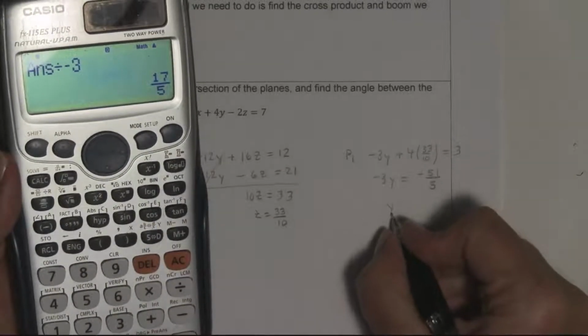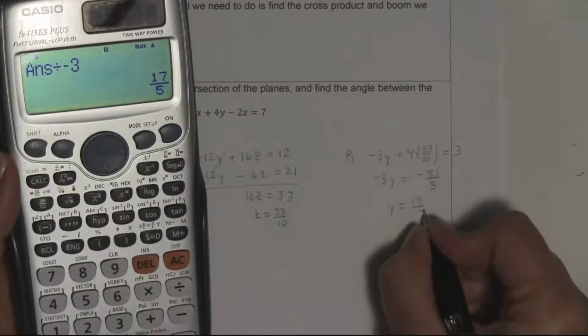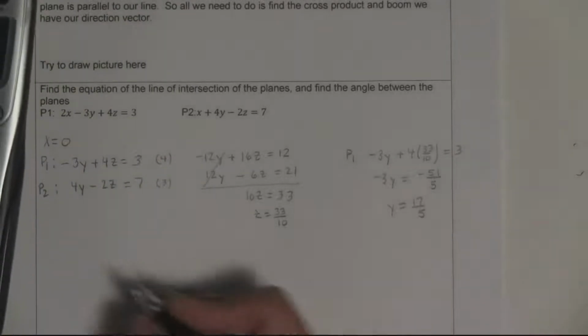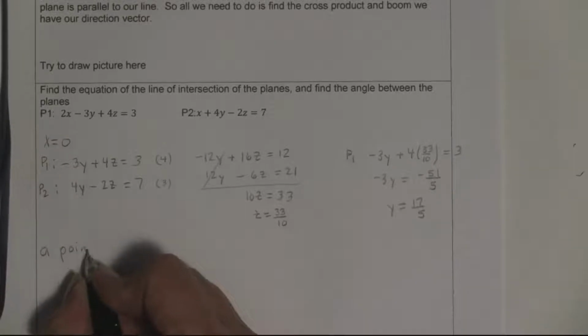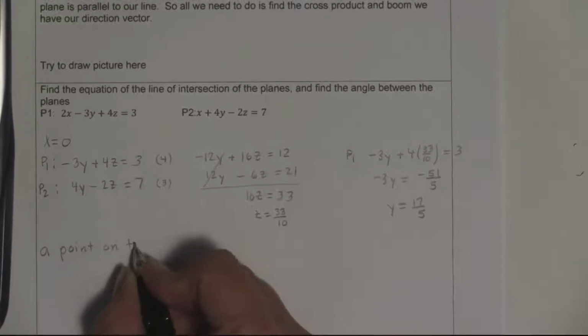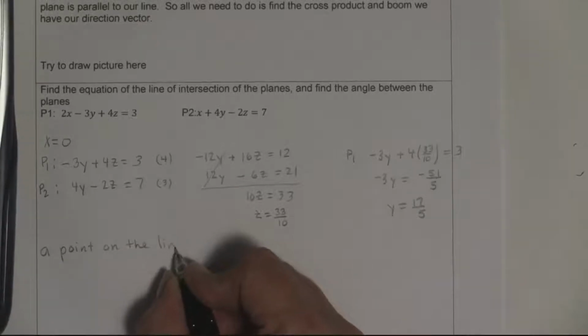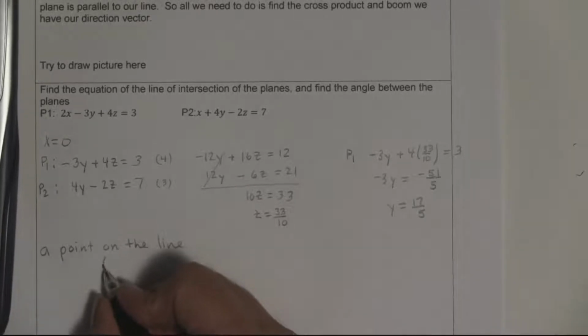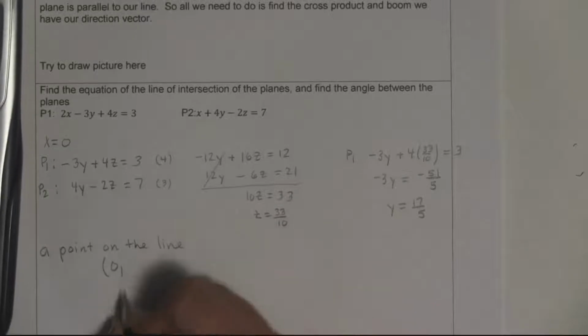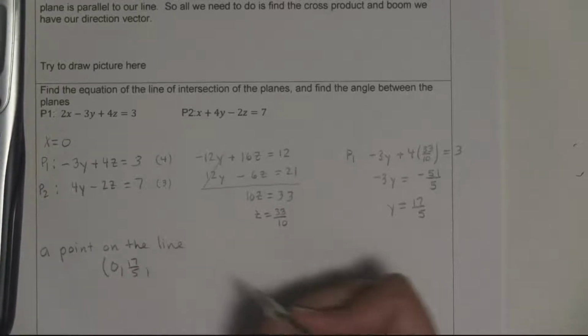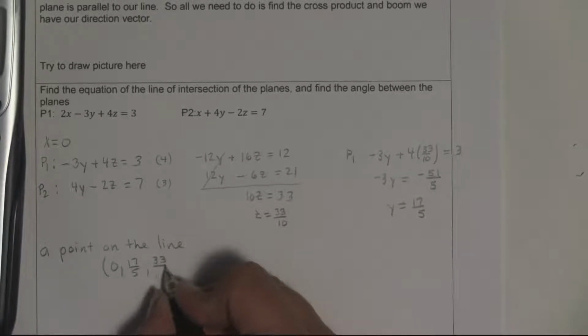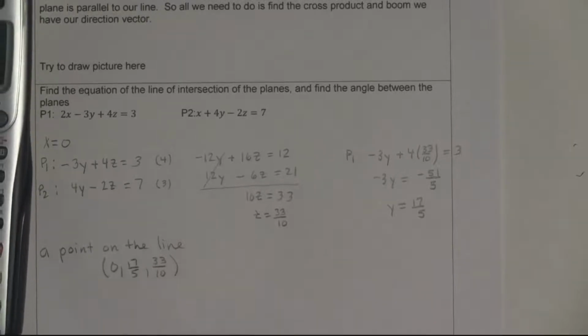So this tells me that y equals 17 over 5. So now I have a point on the line. And that point is 0, 17 over 5, 33 over 10.